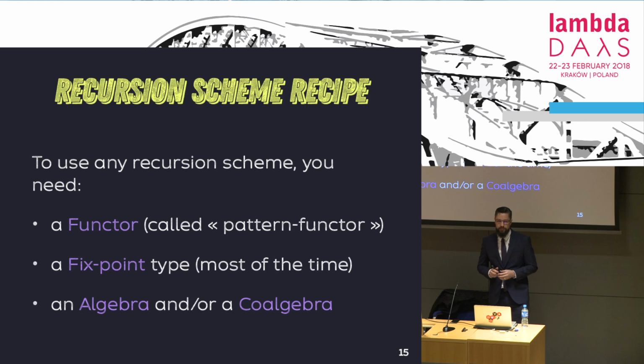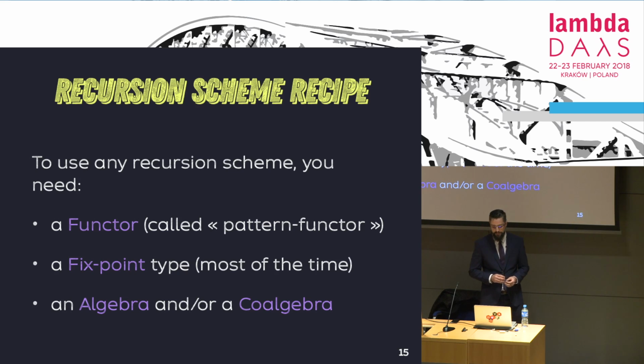So, to use a recursion scheme, you need three elements. One is optional, but most of the time you need three elements. First, you need a functor. It will be called a pattern functor, and it's just a regular functor. You can do recursion schemes on Option or List or things like that, and it will be interesting. Then you need a fixed point. Who has already heard the name fixed point?